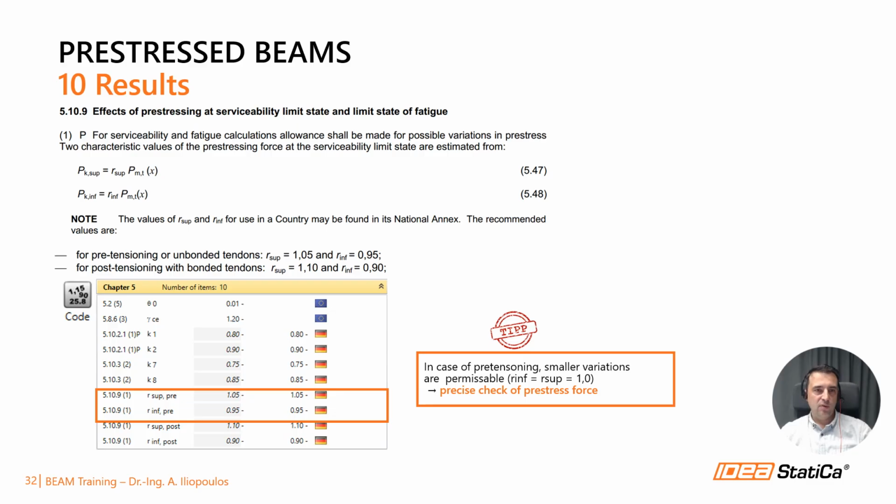In case of pre-tensioning, smaller variations can be taken into account. As you can see, the factors R sup and R inf may even be set to 1, but only if appropriate measures are taken, e.g. direct measurements of pretensioning.